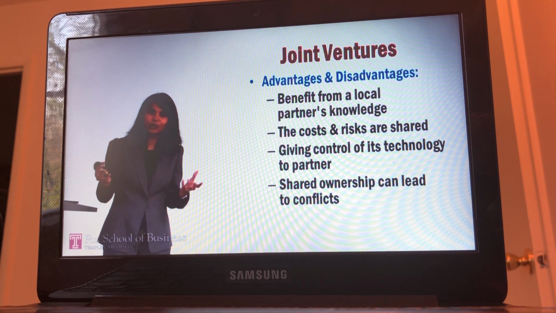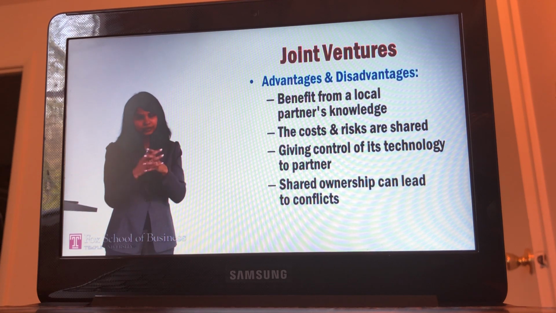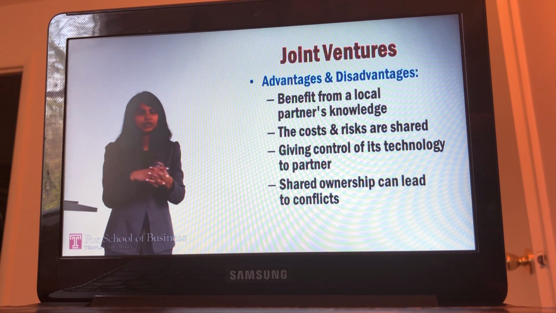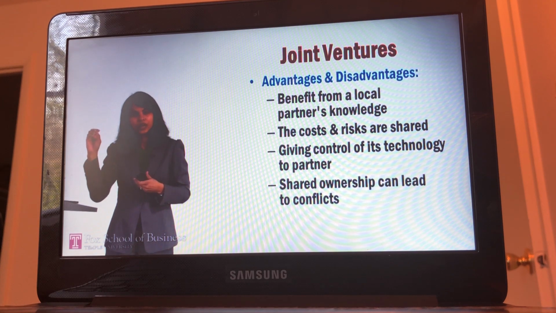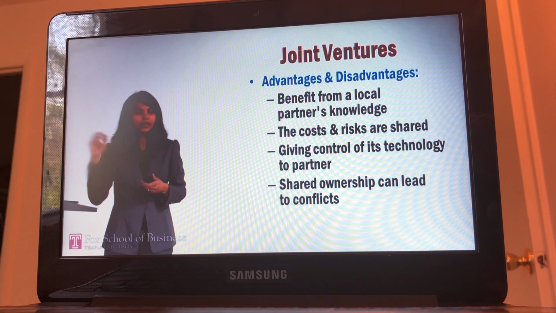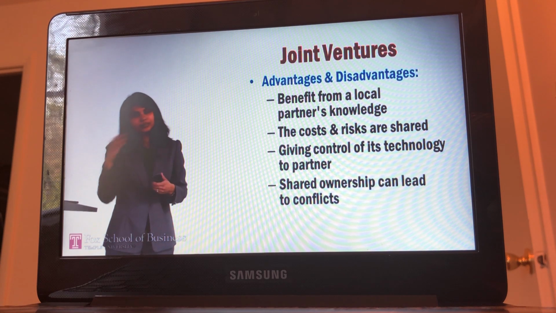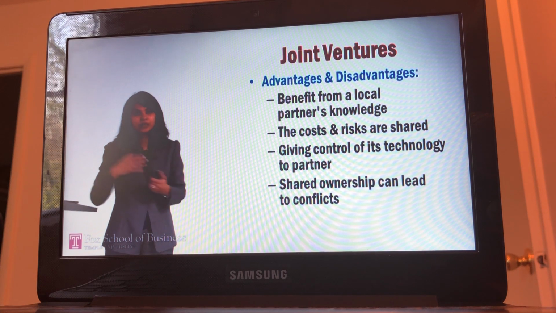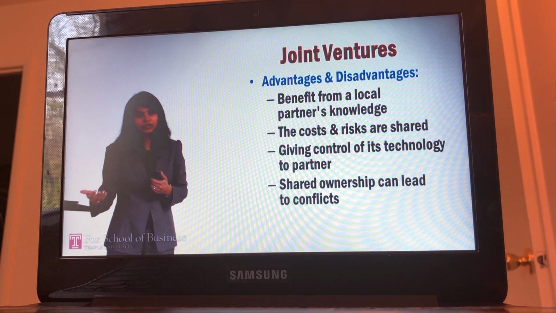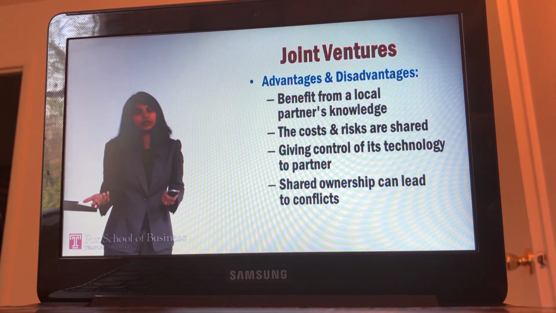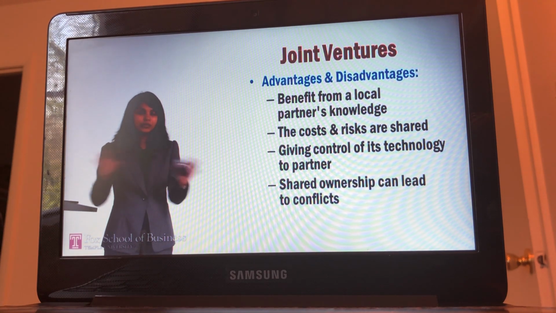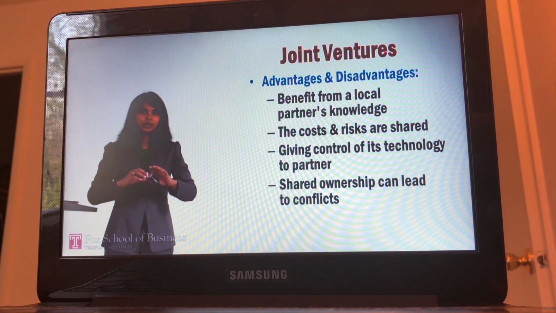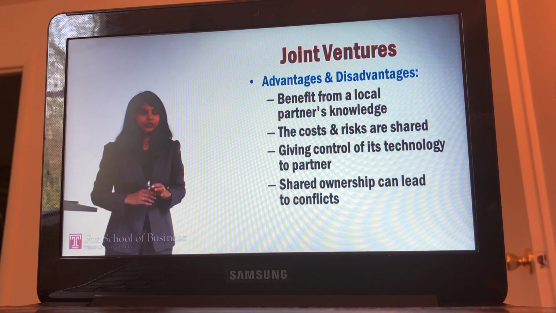But the problem with joint ventures is that you have two parties sharing management control as well as sharing the revenues and profits. Initially the goals of the two parties might be the same, but after 2-3 years, when the foreign firm has become well versed with the ways of doing business in that country, it might not need the local partner anymore. So there could be a divergence of the goals between the two parties, which could create a lot of conflicts.